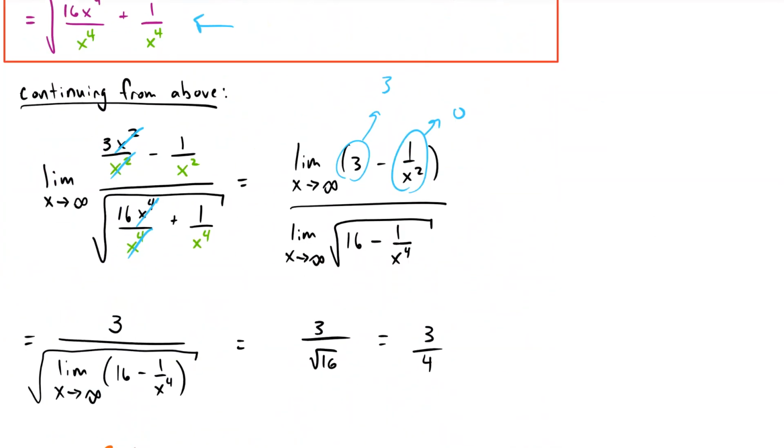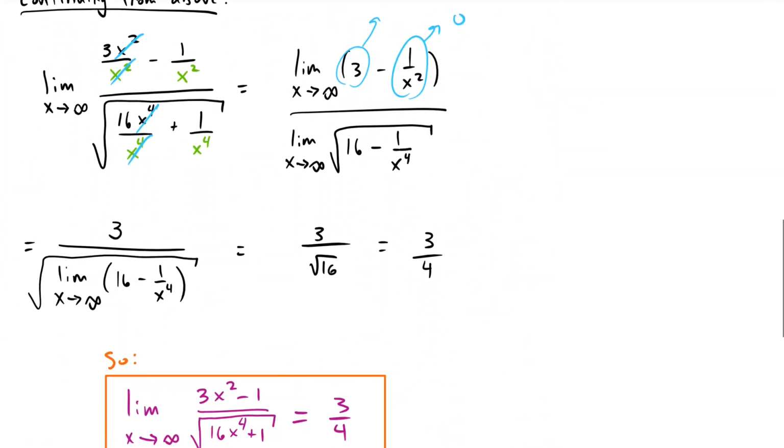In the denominator, we can actually take this limit inside of the radical, just like you see right here. Once we take the limit inside of the radical, the limit of 16 is 16.